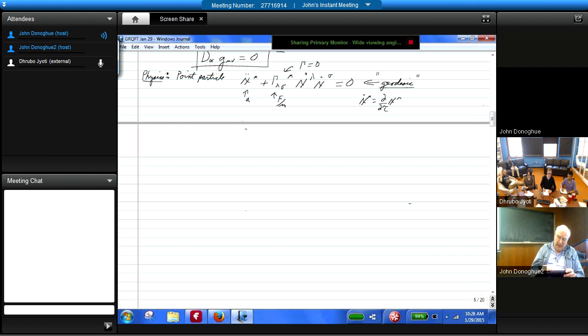But here's its utility for us. The derivation here, I actually won't do all the steps, but it's pretty easy. You do the following.